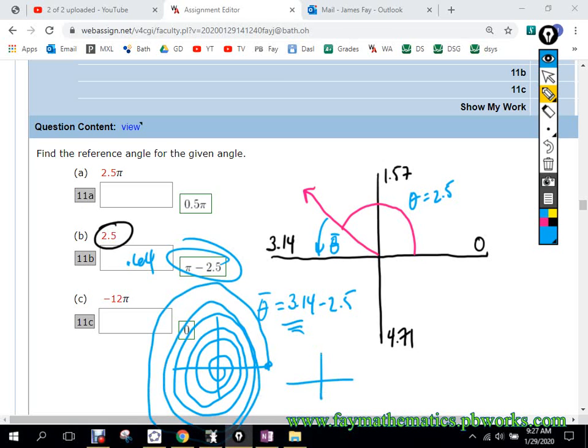So negative 12 pi is going to put me right there. Well, there's no angle that I can make there, right? Okay, then my terminating ray is on top of my initial ray, so we say that is 0 radians. Or if you want to go negative 12 pi and just add 2 pi, what ends up being 6 times, doesn't that give me 0?